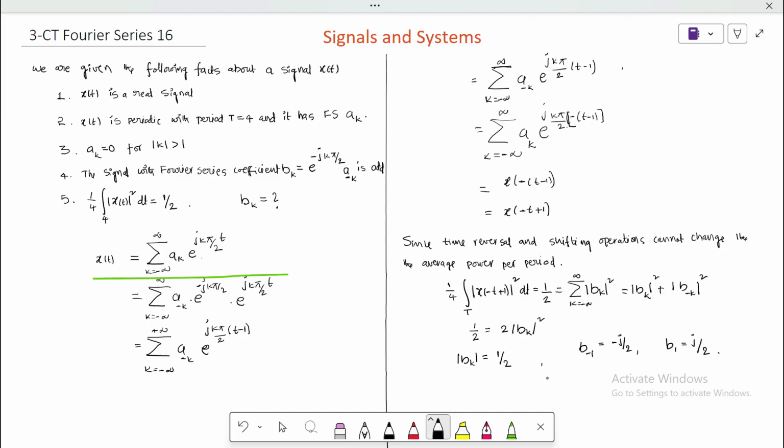In complete form: j by 2 at k equal to 1, minus j by 2 at k equal to minus 1, and 0 for k not equal to 1 or minus 1. This is the Fourier series coefficient b_k for x of t.